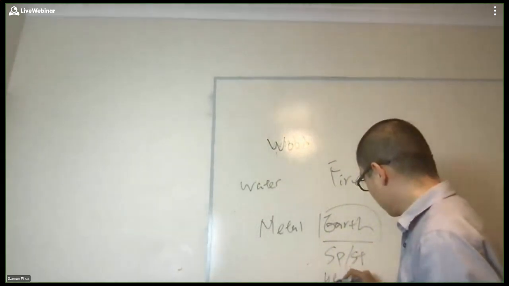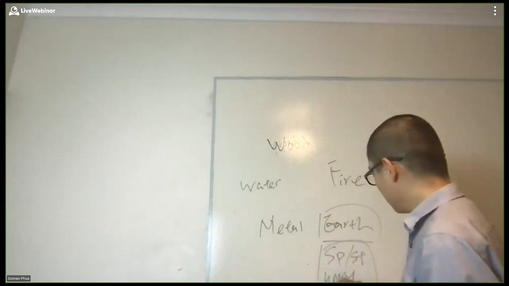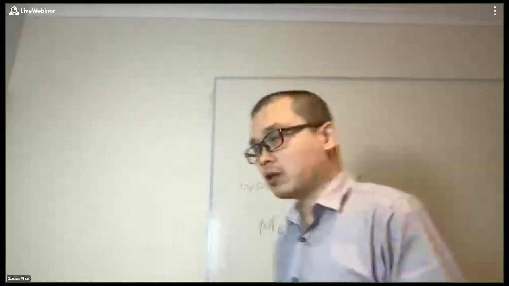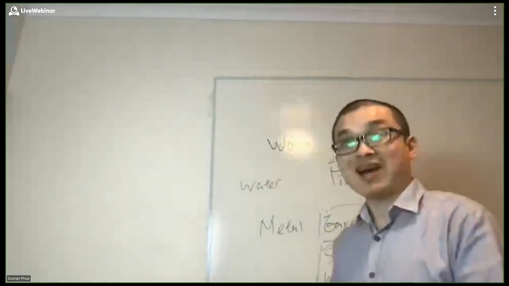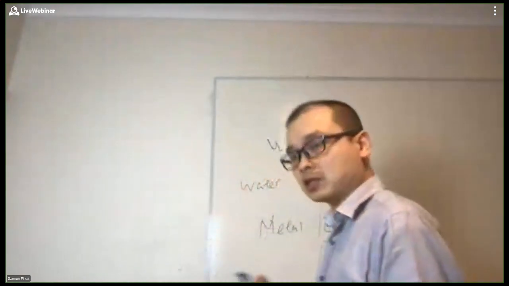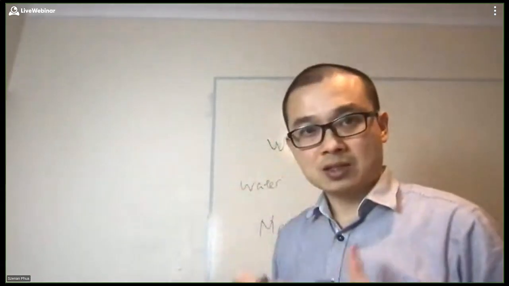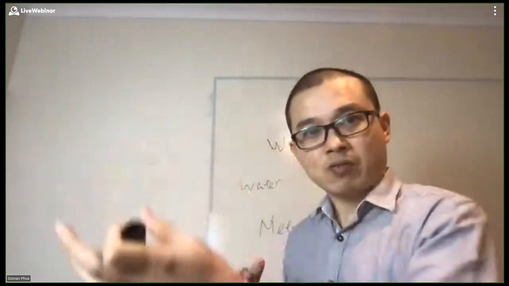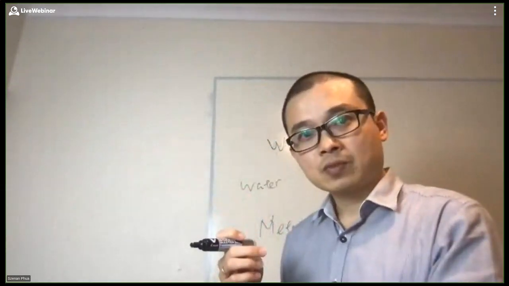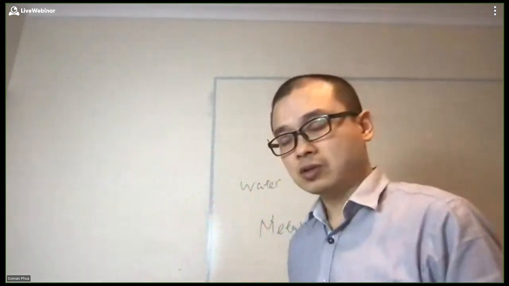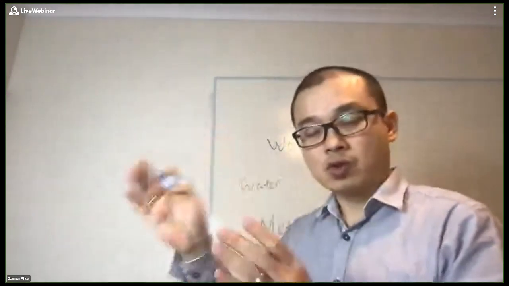And this is worry. We put it on here. How do we know they're worrying? We ask them, and they say yes, they're worried, and I say okay, could be stomach and spleen. And how do you tell it's actually from the stomach and spleen? They may have other conditions, bloating, diarrhea, stomach pain, all these things, and then we're quite sure it is stomach and spleen. This is how we normally do it, right? To make a diagnosis, to ask the right questions, to collect the information from their answers, and then we analyze which organs.